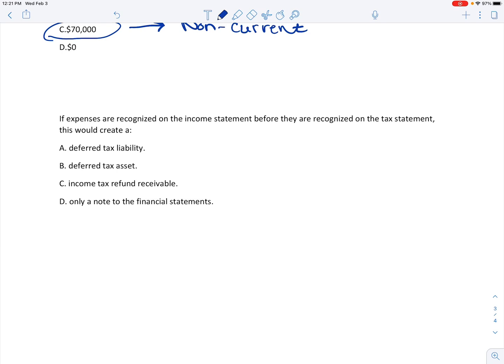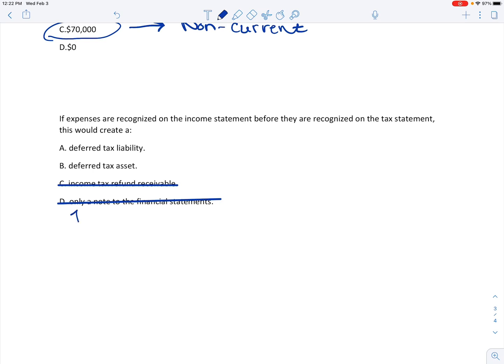So this one is saying, if expenses are recognized on the income statement before they are recognized on a tax statement, what would this create? So we know it's going to create either a tax asset or a liability. First thing I would do is cross out these last two. Don't let them mess with your mind.